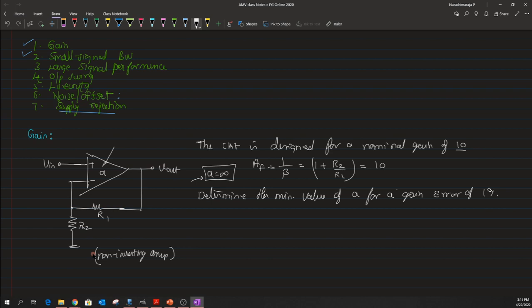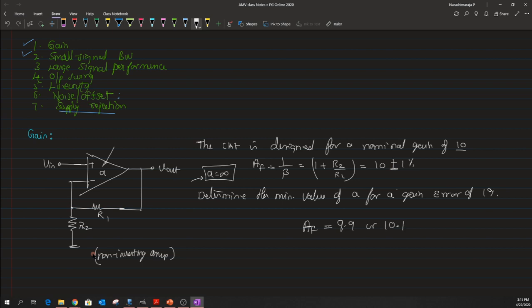Which means that it can be plus or minus 1% of the gain of 10. So the closed loop gain AF can be either equal to 9.9, or it can be equal to 10.1.